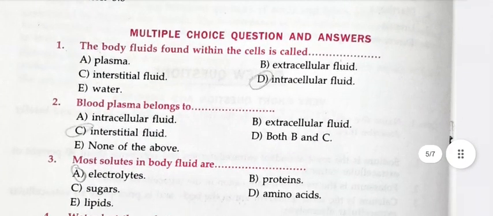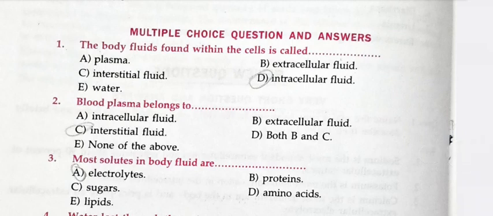So again, multiple choice questions we will see under the chapter of major intra and extracellular fluids. So far we have discussed acid bases, and in that also there is one more subunit: intra and extracellular body fluid.